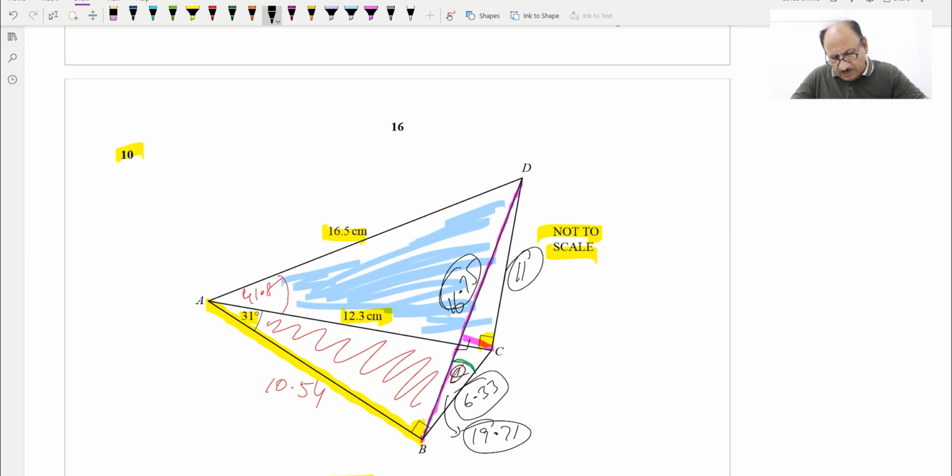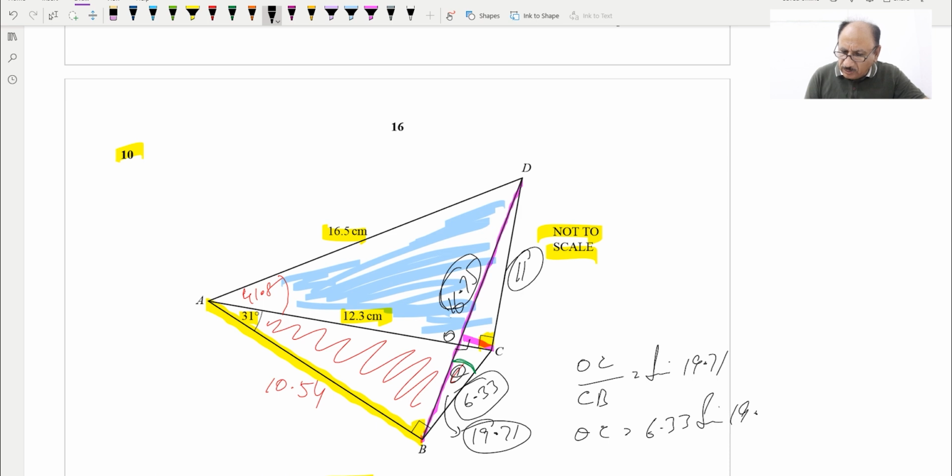We can take this point as, for example, O. So OC will be equal to what? OC over CB will be equal to sine of 19.71. So OC is equal to 6.33 sine of 19.71.